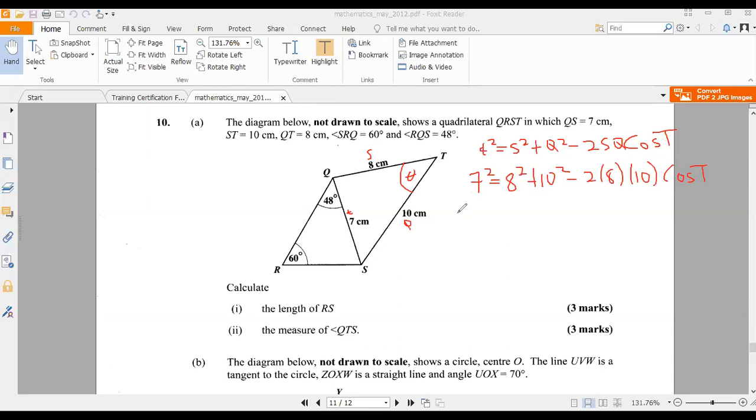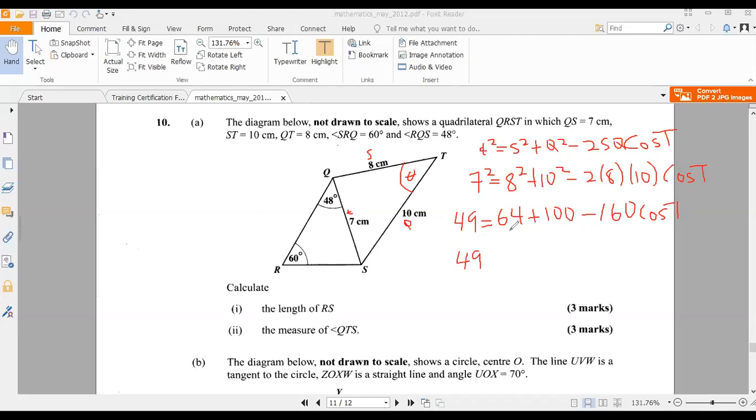So this will give me 49 is equal to 64 plus 100. Then we multiply these two times, this will give me 16, 16 times 10 gives me 160 cos of T. Then we get 49 here.